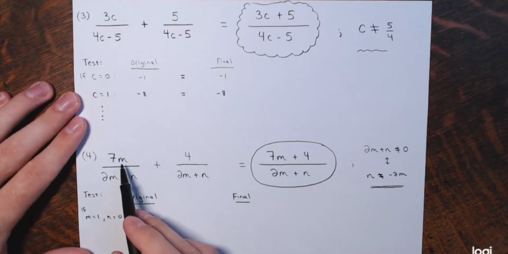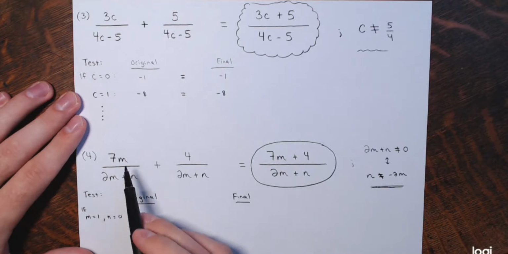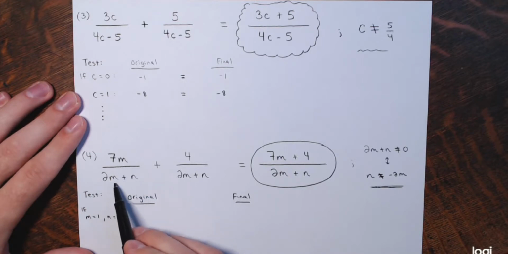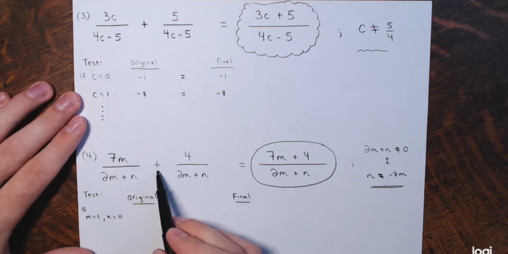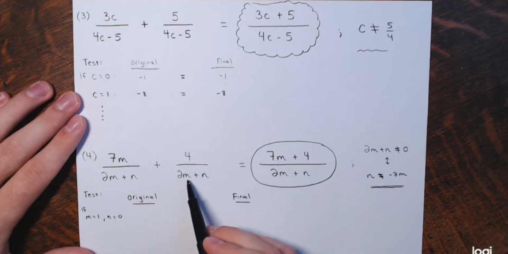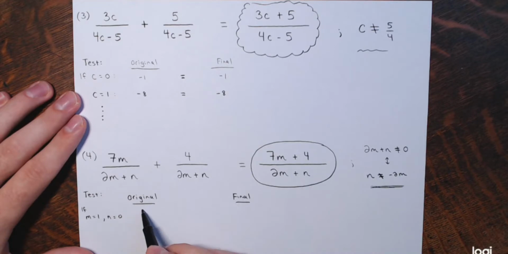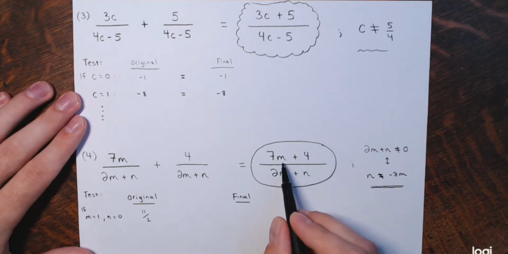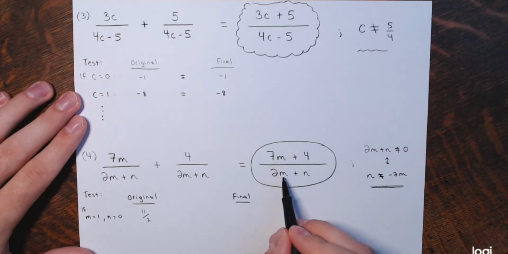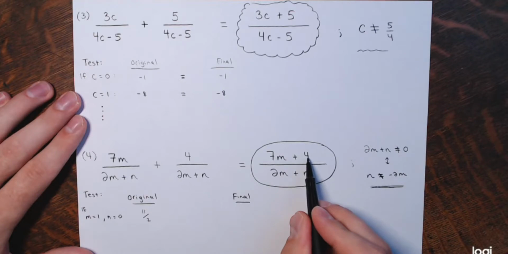That's fine. Let's see. The original expression, I'd have 7 halves plus the next expression would be 4 halves. The value of the original expression would be 7 halves plus 4 halves, or 11 halves. The final expression, if m is 1 and n is 0, you'd have 7 plus 4, 11 in the numerator, 2 plus 0, 2 in the denominator.